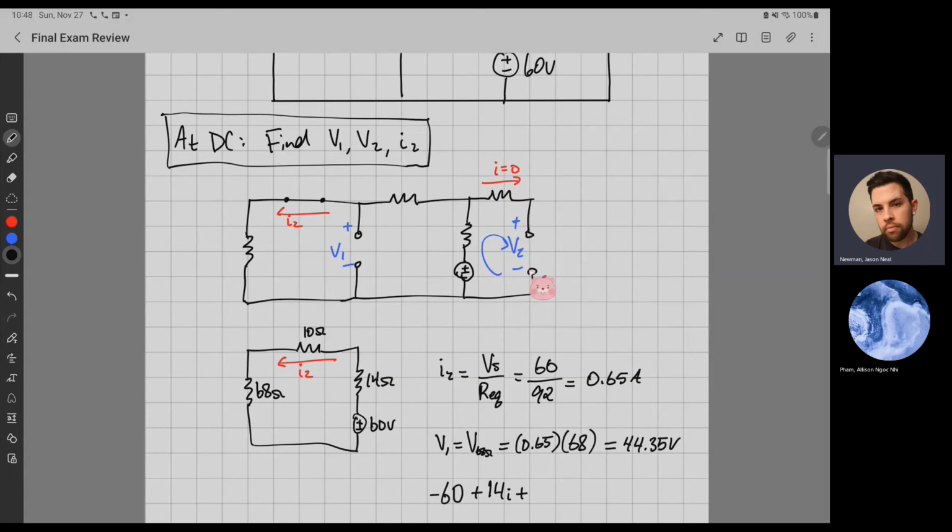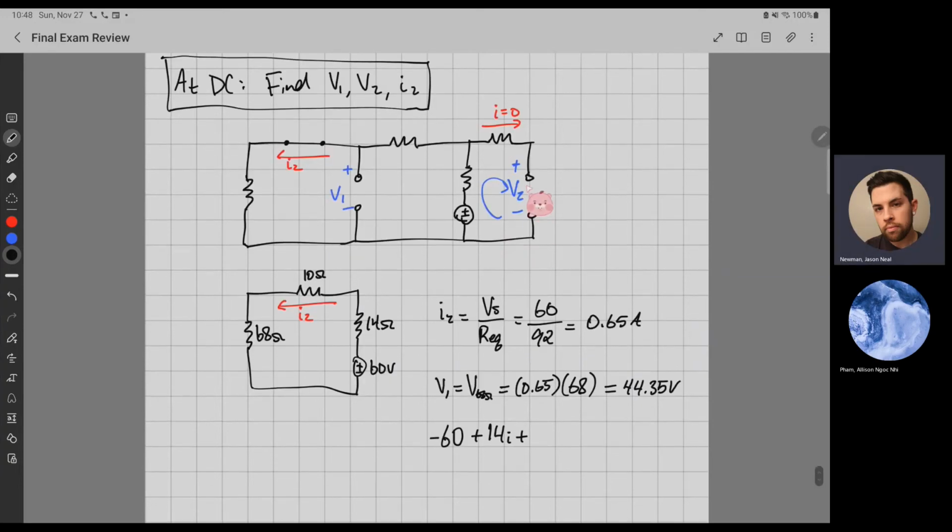So there is voltage across it, but there is no voltage across this resistor because there's no current coming through this resistor. So this capacitor is fully charged, which means it does have a voltage across it. So what that means is you would have essentially nothing here, it'd be a wire, and then you'd have plus V2, which is this voltage, because it's a voltage drop. And then that would be equal to 0, right, because KVL.